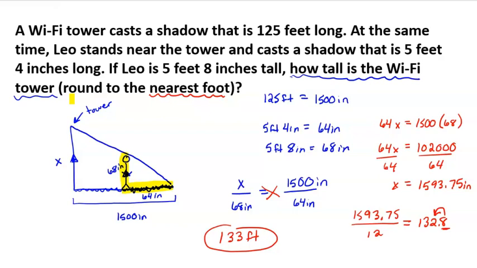Then we will remember that 1,500 inches is the same as 125 feet, and then we're still sticking pretty close when I found out that x is now 133 feet. So that makes sense. If it came out to something like 2 feet or 5 feet, I know that I messed up in writing my proportions somewhere. So you always want to kind of go back and think, is this reasonable?